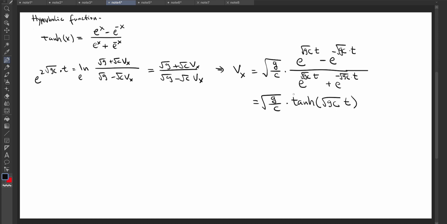Otherwise, you can go back to the definition of the tanh function and plug in t, any instant t, and then you can calculate the velocity at that instant. And we can do this further, integrating the velocity so that we get to the position. So dx dt equals Vx equals this whole expression.